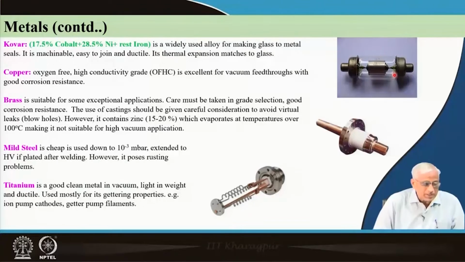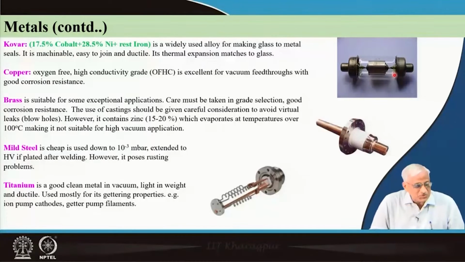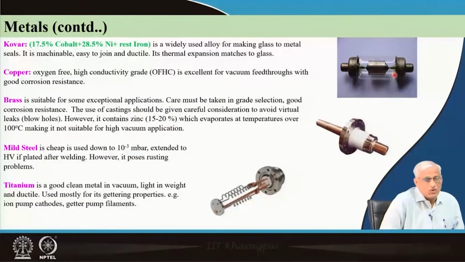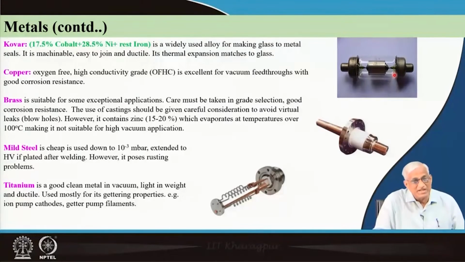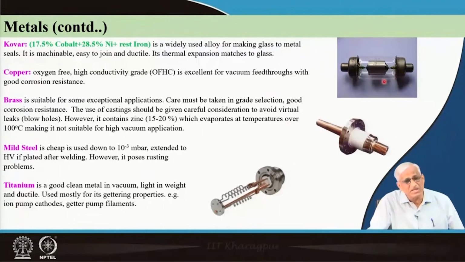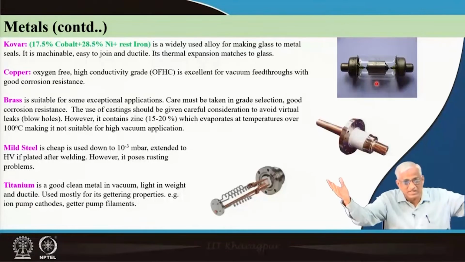While continuing the metals issue, there is one material called Kovar, which is very famous, with 17.5% cobalt, 28.5% nickel and the rest iron. This is ideal in making glass-to-metal joints. There are many high power electronic components that are not semiconductor based, like valves, in big transmitters and radars.